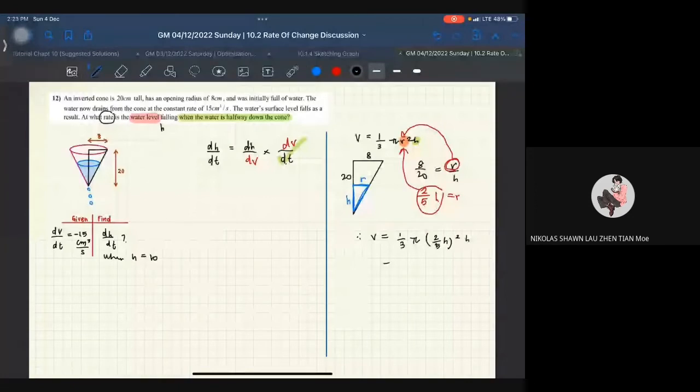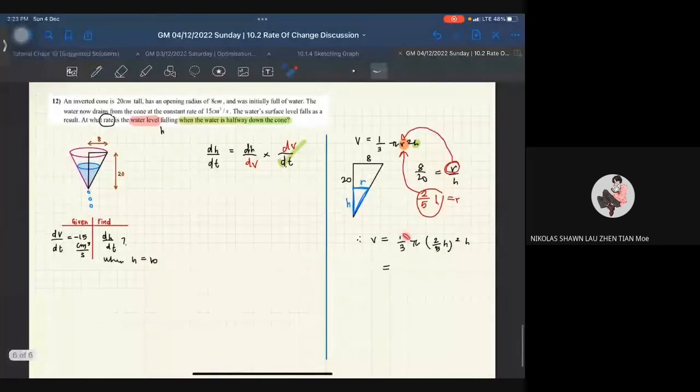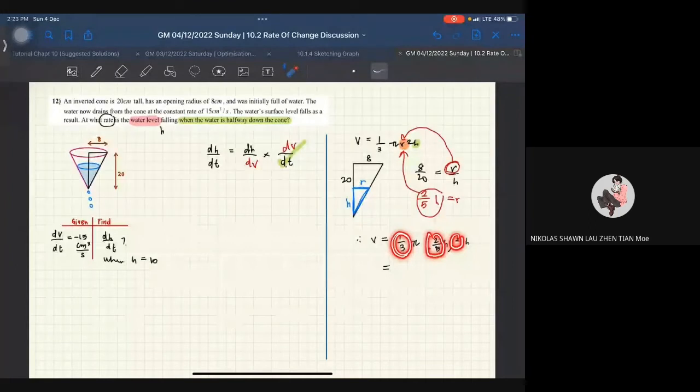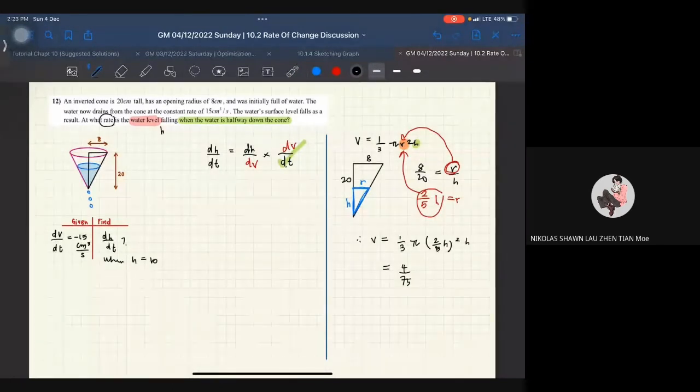So bila simplify, kita sepatutnya akan dapat 1/3. This one over here, kita squarekan, saya akan dapat 4/25. So just press your calculator, you are supposed to get 4/75. Okay, and then saya akan dapat pi H cube.